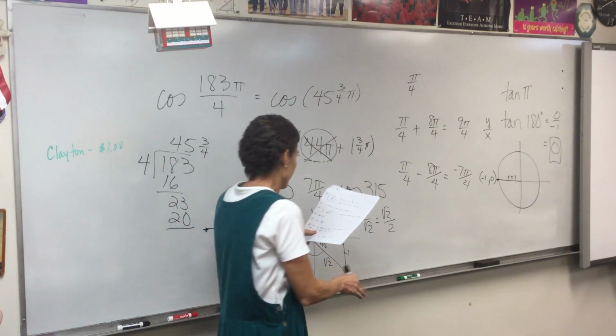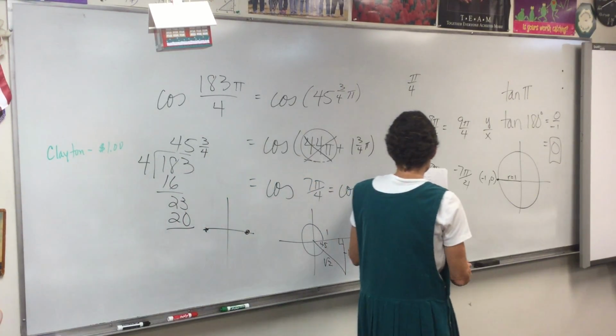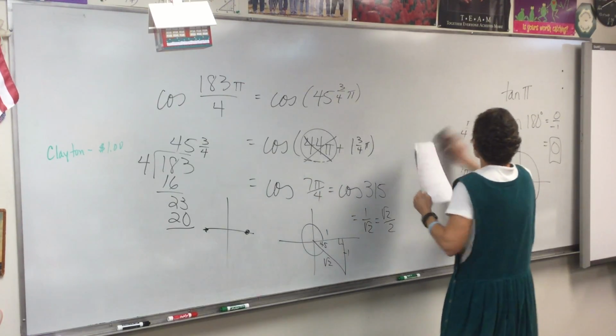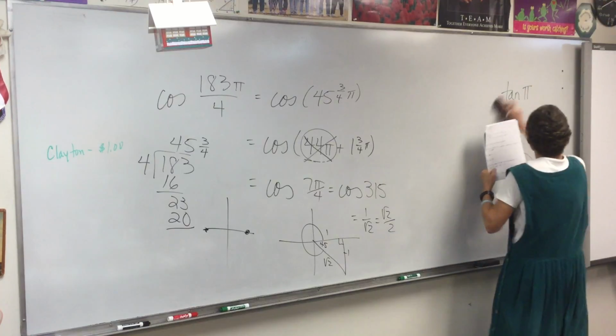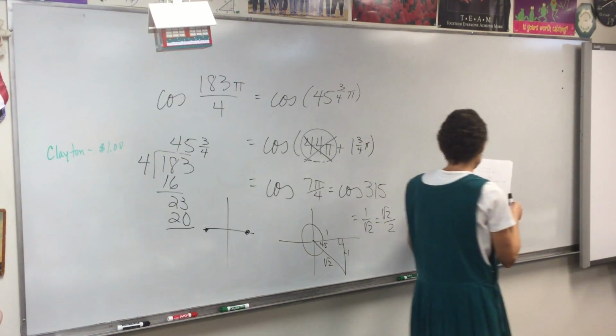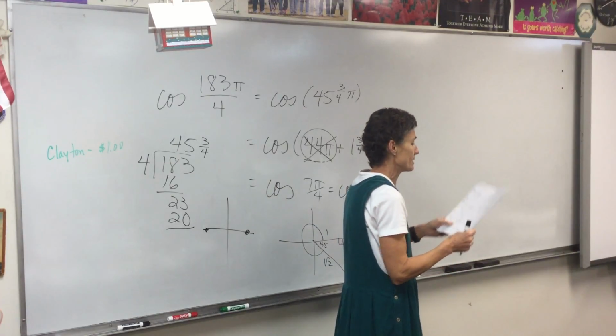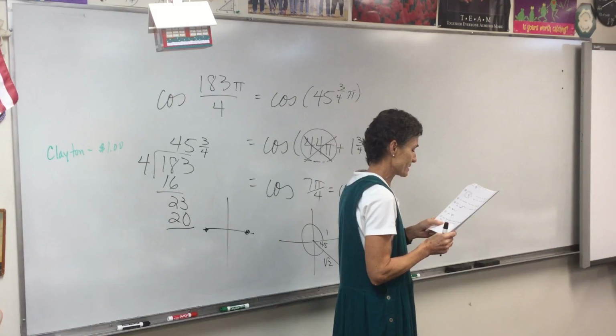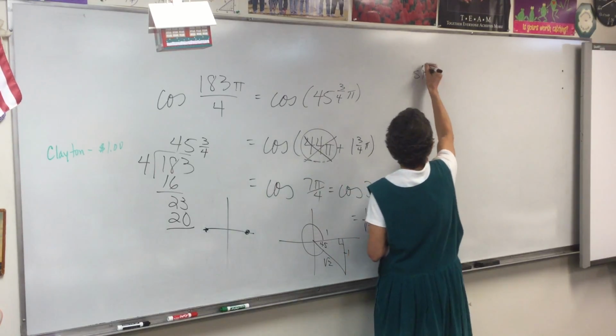Number 7, find the values of the 6 trig functions. Oh, what's going on here? All right, let's see if we can figure this out. I think we already know how to do this. We want to find the values of the 6 trig functions if the tangent is -3/4 and the sine is negative.